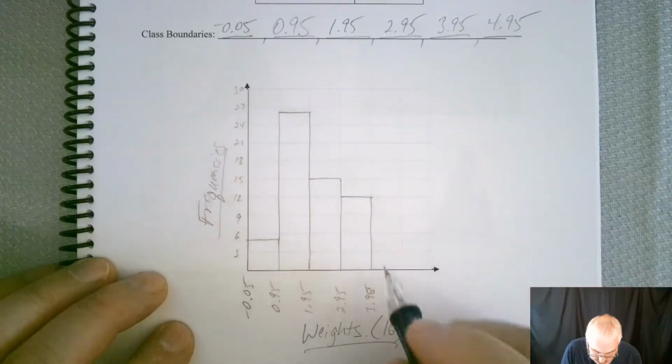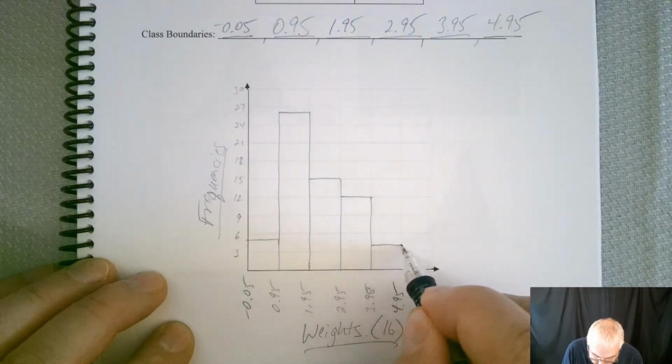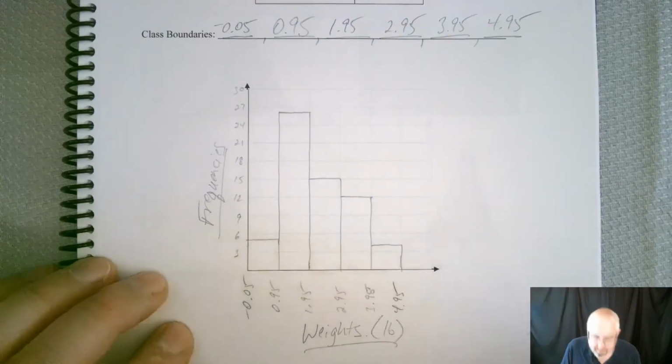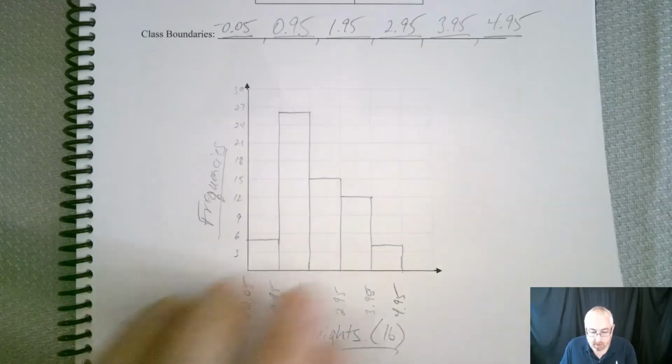The last one's 4, so we're going to go just a little bit above. And that gets our frequency distribution for that one. Not too shabby, right? All right, let's do a couple more just to make sure we got it down.